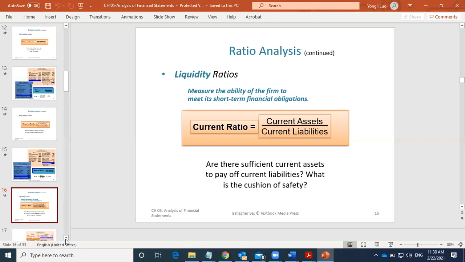The benchmark is a number greater than 2. Okay, you remember that? With the current ratio, if you want to get a loan from the bank, it should be at least greater than 2.